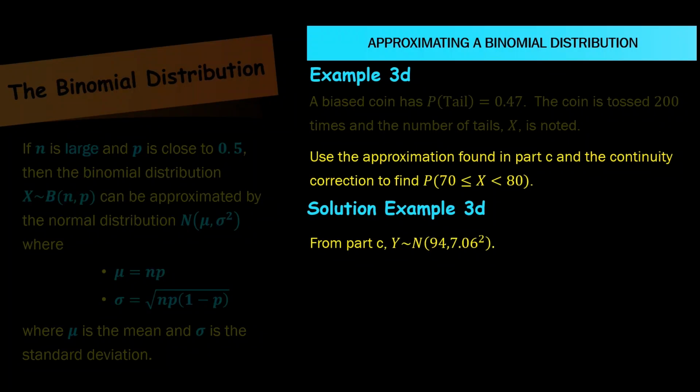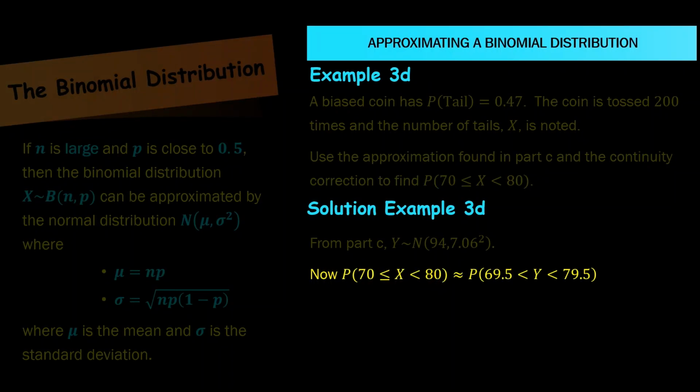And so if we're calculating the probability that x is greater than or equal to 70 and less than 80, then this is going to be approximately equal to the probability that y is greater than 69.5 and less than 79.5.